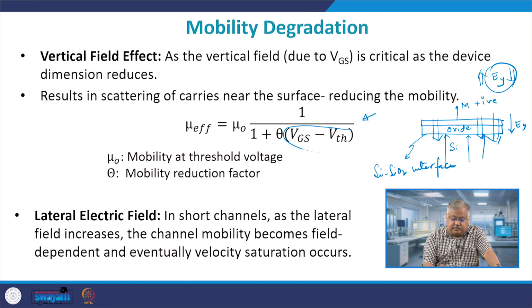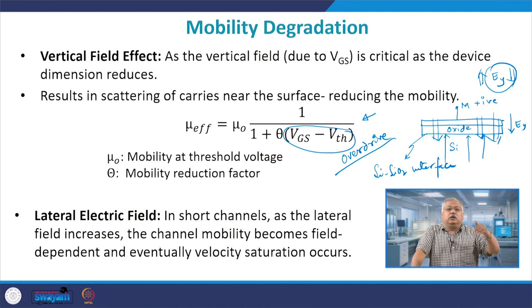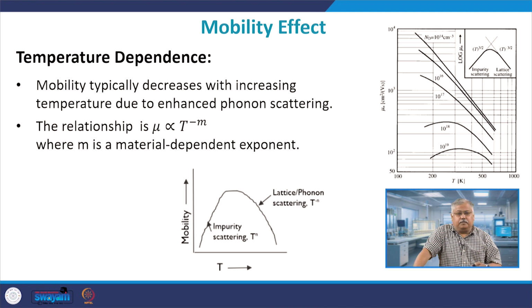Vgs minus Vth is basically defined as the overdrive, right, and mu 0 is the low field mobility or bulk mobility, right. Mu effective is the effective field mobility. So, theta is a mobility reduction factor. Higher the value of Vgs minus Vth, lower will be the value of effective mobility, right. And as you can see here on the last point, in the short channel, as the lateral electric field increases, the channel mobility becomes field dependent and eventually velocity saturation will occur.